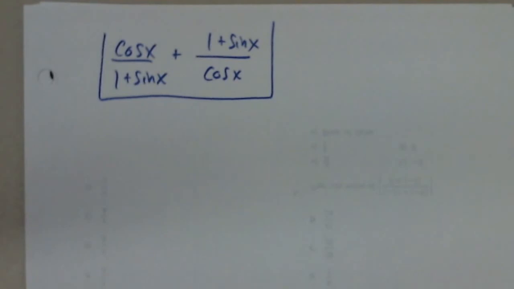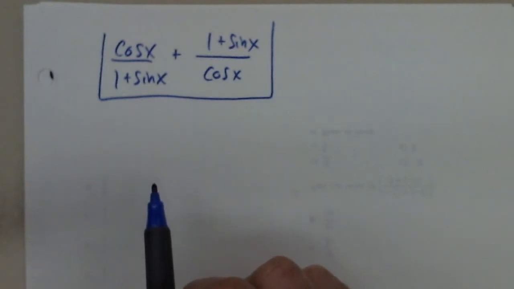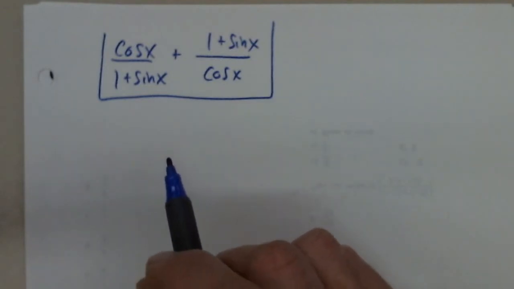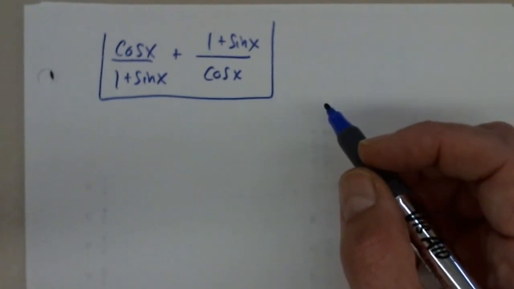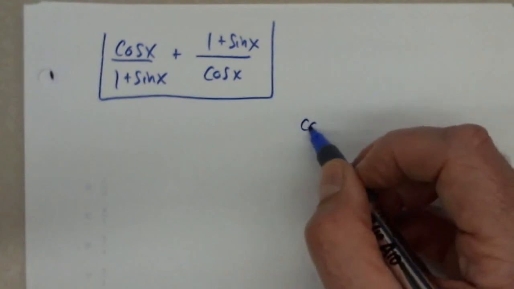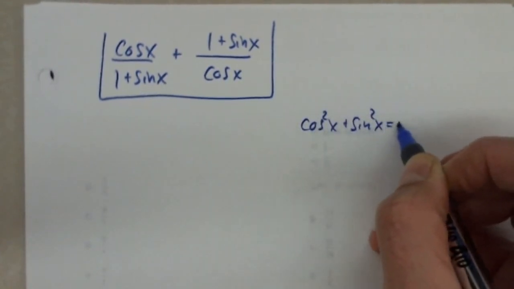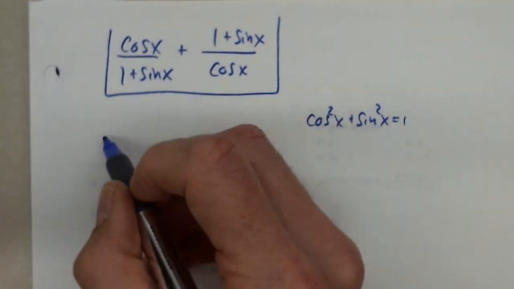Okay, just a hint before you get started. Go ahead and find the common denominator and see what happens. We have there are already sines and cosines, so just keep this in mind that we might need a Pythagorean identity.